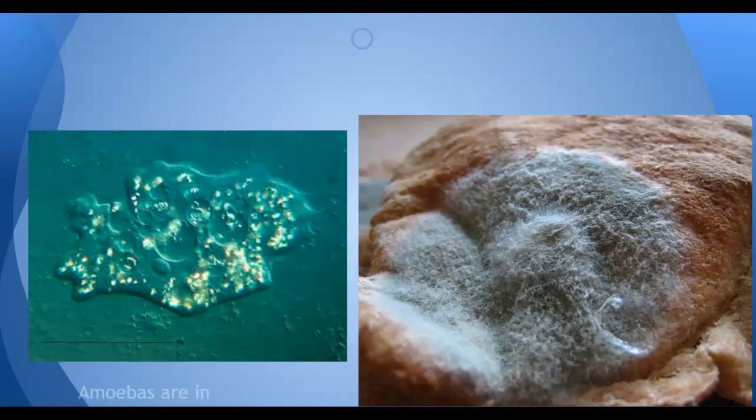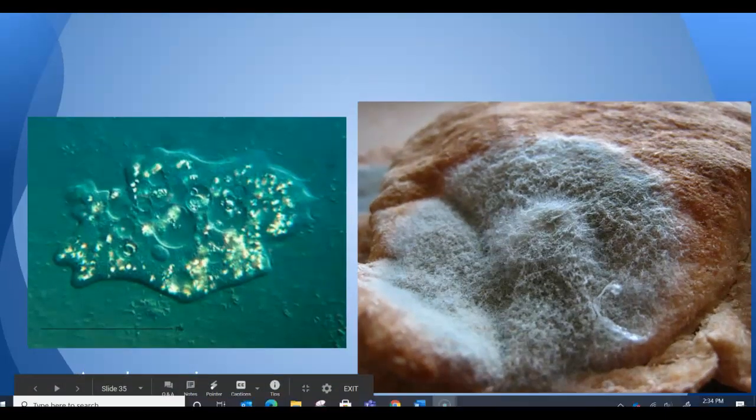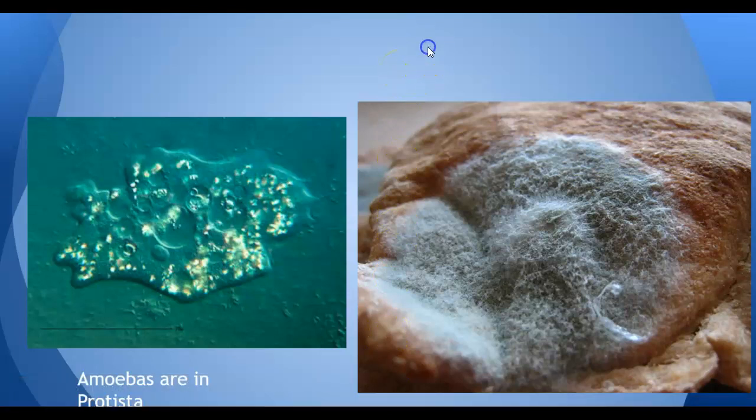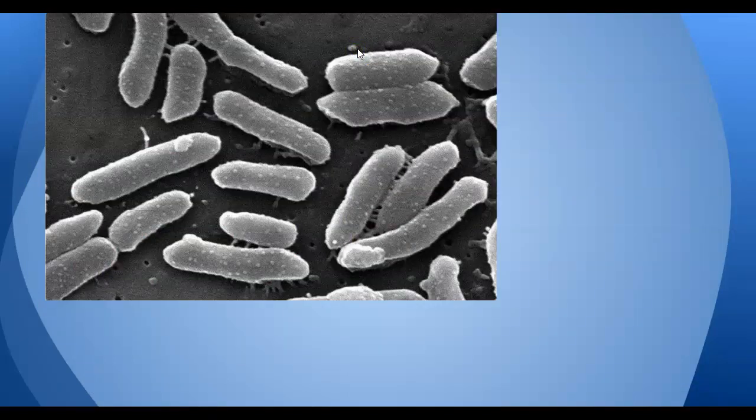Okay, that single-celled creature there is an amoeba, and an amoeba fits into the protist kingdom. And then over there, that is mold, and mold is in the fungi. These are more bacteria. Those are specifically the ones that live inside you right now. They're in your intestine. They're called E. coli.